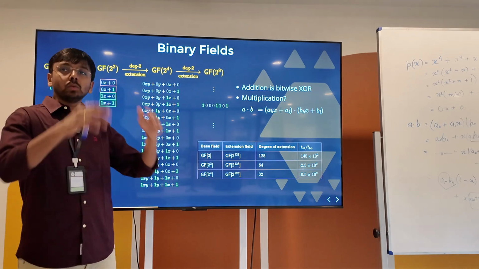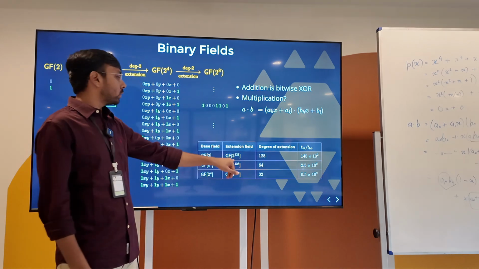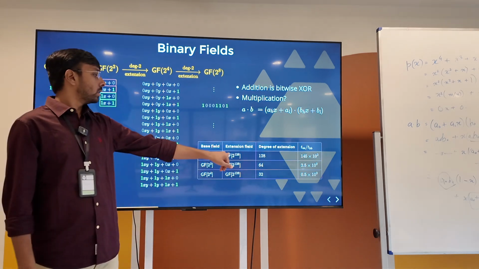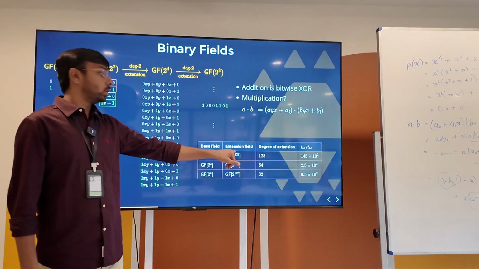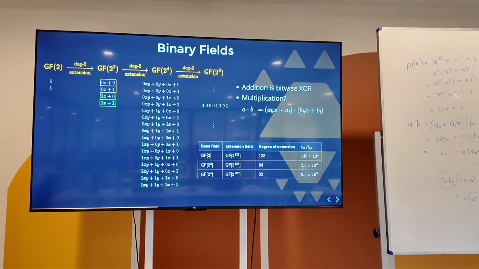Multiplication in the extension needs the recursive stuff. It turns out it's almost 14,000 times slower than multiplying 2 numbers in your base field. So this highlights that it is very expensive to multiply 2 numbers in your extension field as compared to your base field.